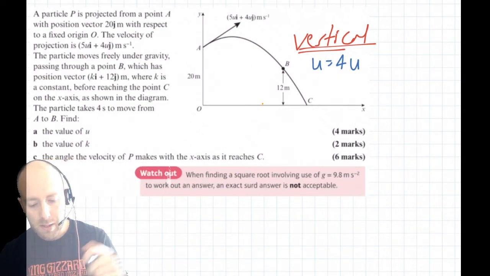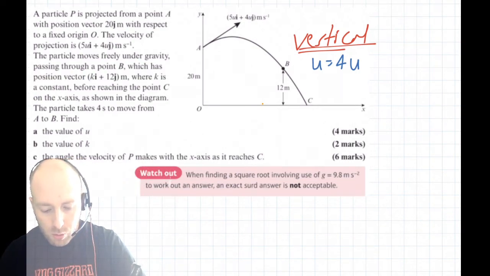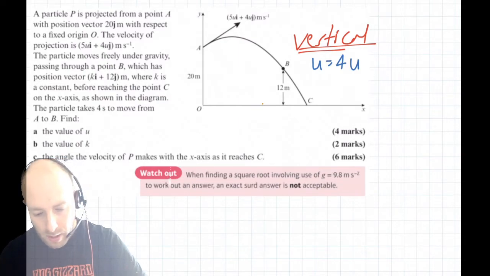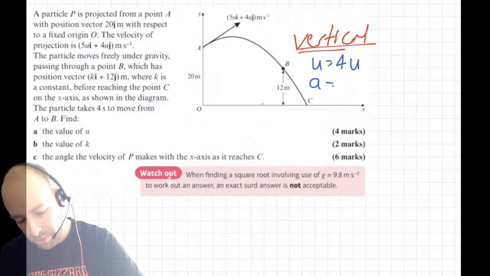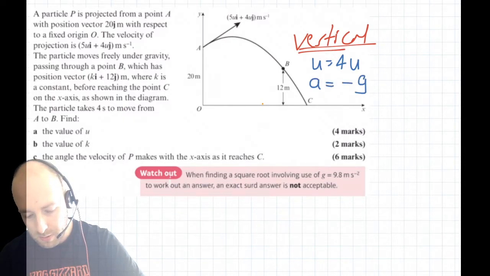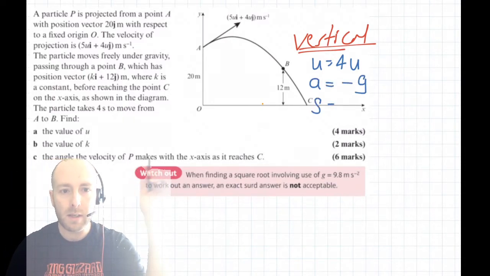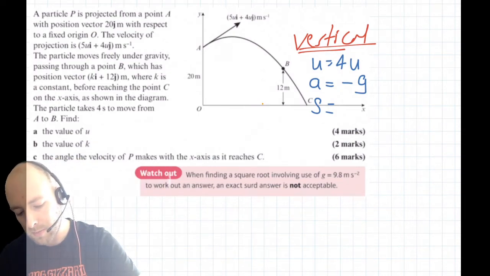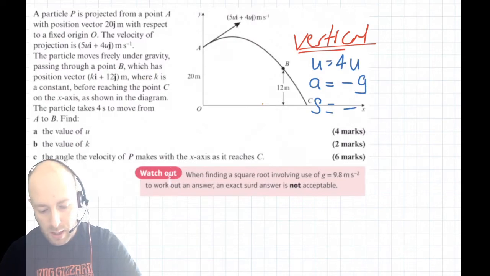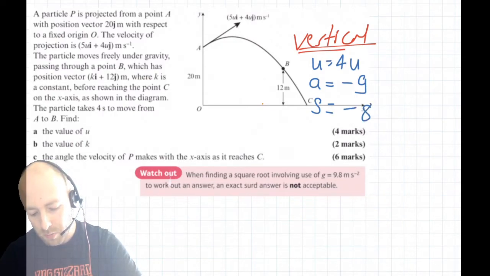So my initial velocity is u, and my acceleration is minus g. My displacement, we're going from 20 up high to 12, so we got minus 8 as our displacement. And we know that t is 4.